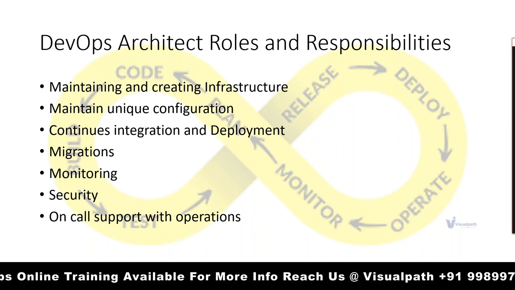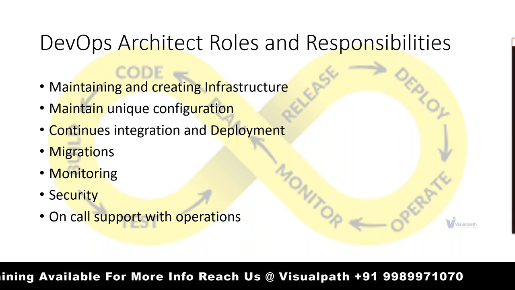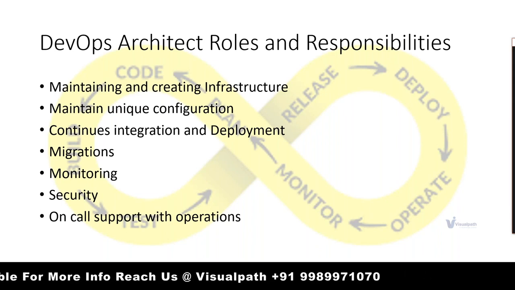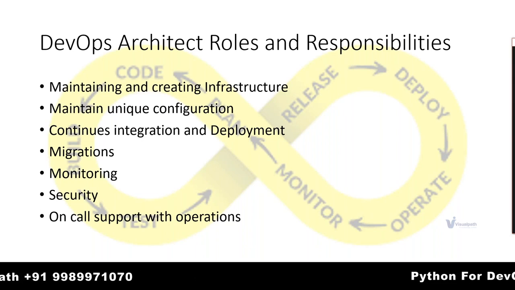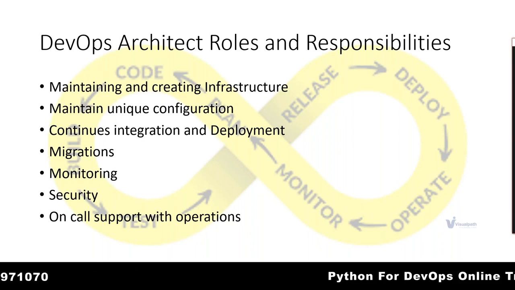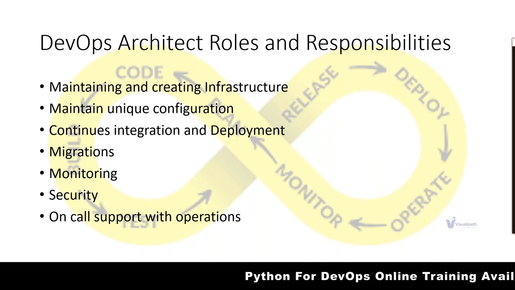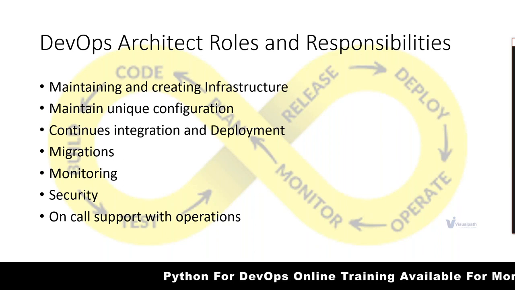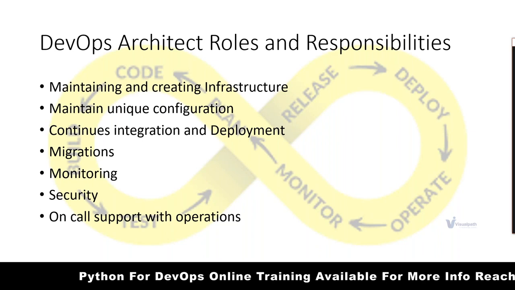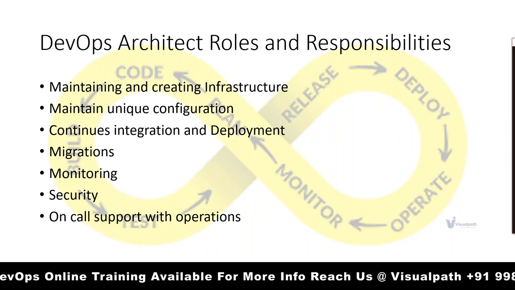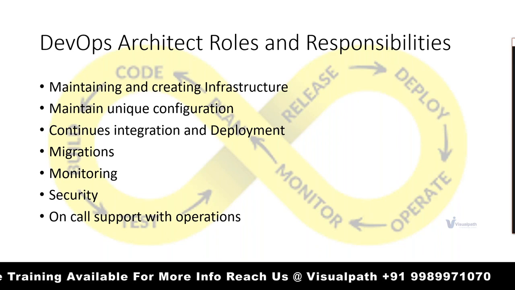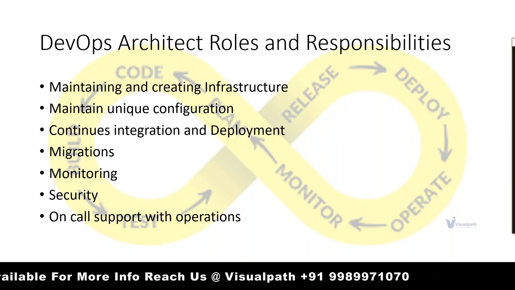If it is a serverless model, we need to provide some Lambda if it is AWS, or if it is more than that, you should migrate them to Kubernetes. So the first thing is infrastructure. How do you create the infrastructure? How do you maintain that infrastructure? That is the main thing for application users to run their application.